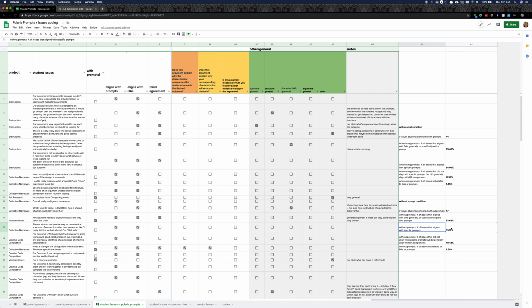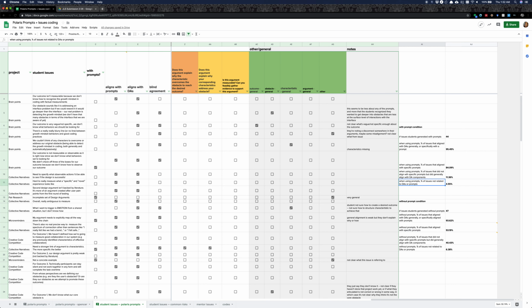So we see a 30% jump between the without prompt condition and the with prompt condition, in whether or not issues aligned with specific prompts.